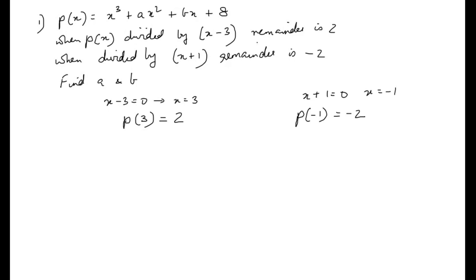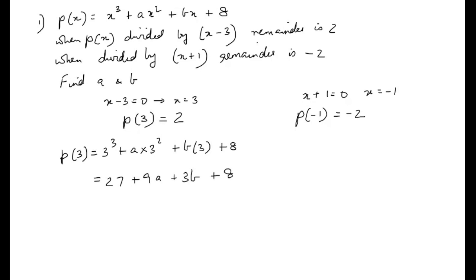Okay, so the first one, P of 3, is going to be 3 cubed plus A into 3 squared plus B into 3 plus 8. So that's 27 plus 9A plus 3B plus 8, and remember P of 3 is 2 from here.